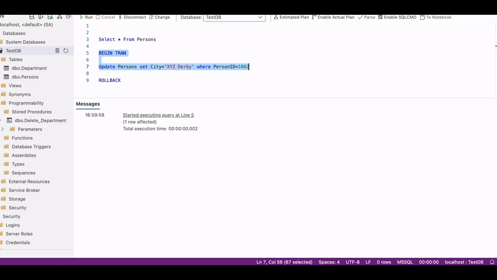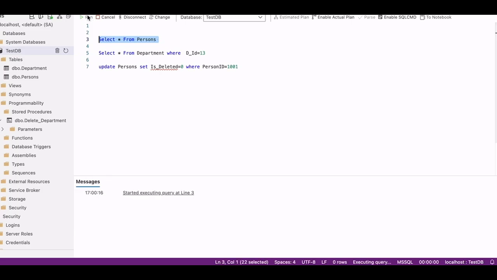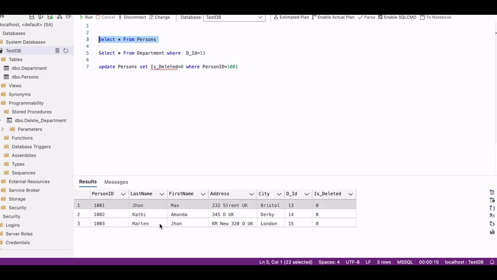But at the same time, if anyone wants to read the value from the same table, what will be the output? We are not going to get any record because the transaction is still open. We have to roll back or commit the changes in our database, and only then can another user access it. So we are doing a rollback here, and see, we are getting the records for the other user.